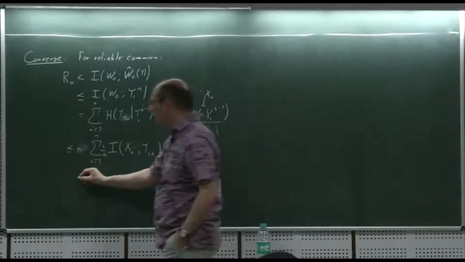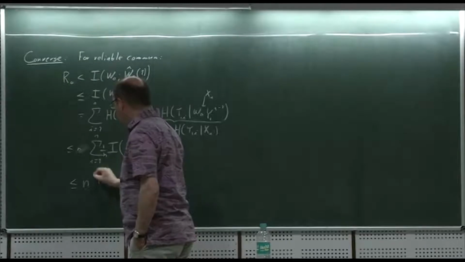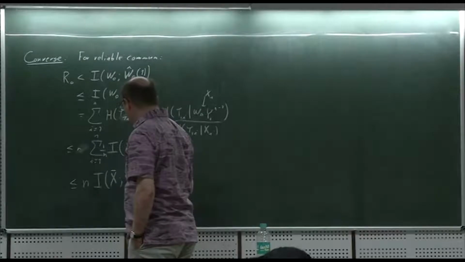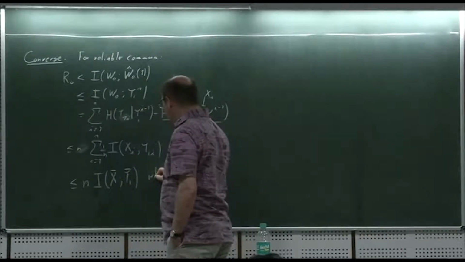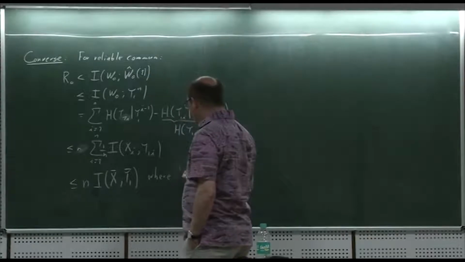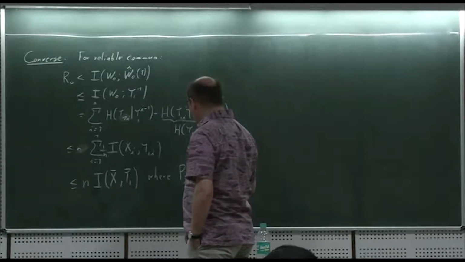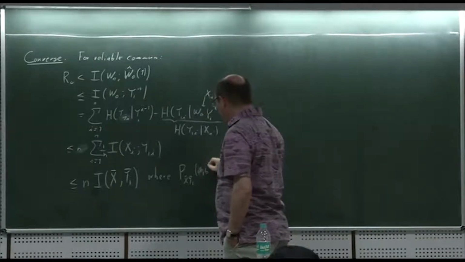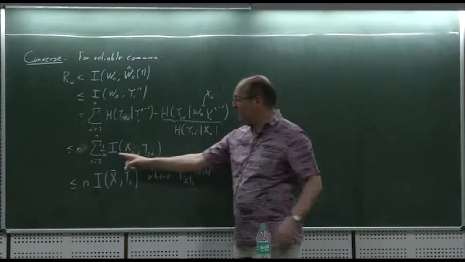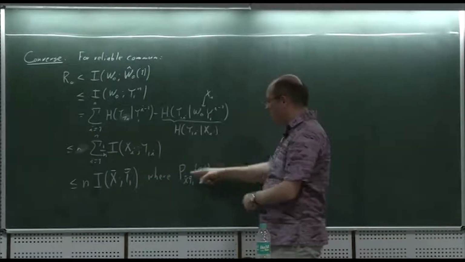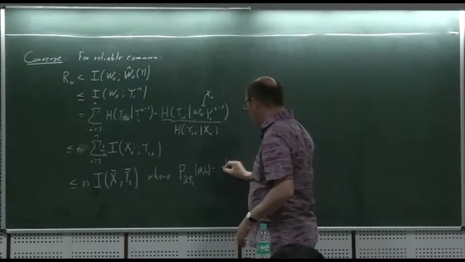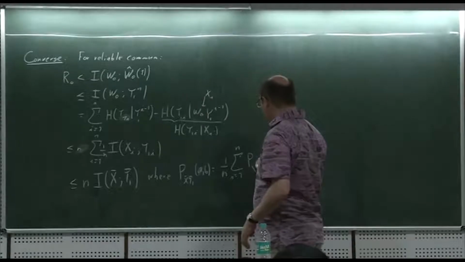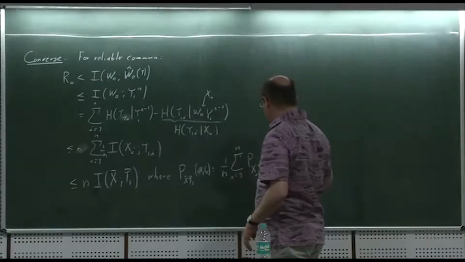And what this concavity means, this is less than n I of x bar, y1 bar, where p x bar y1 bar of a, b. Well, what's the distribution of x? Well, with the concavity, what we do is we average over all of them, right? So this is just going to be 1 over n, sum over i equals 1 to n of p xi yi of a, comma b.